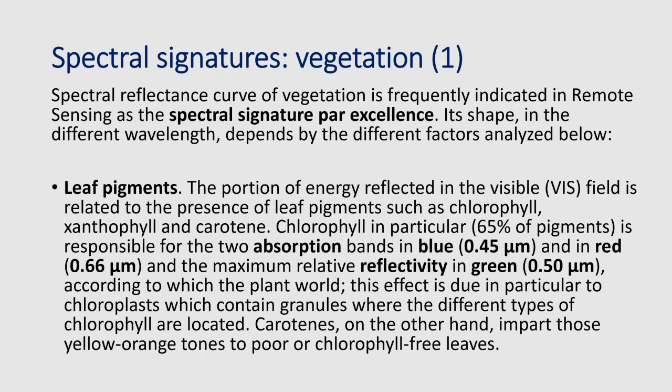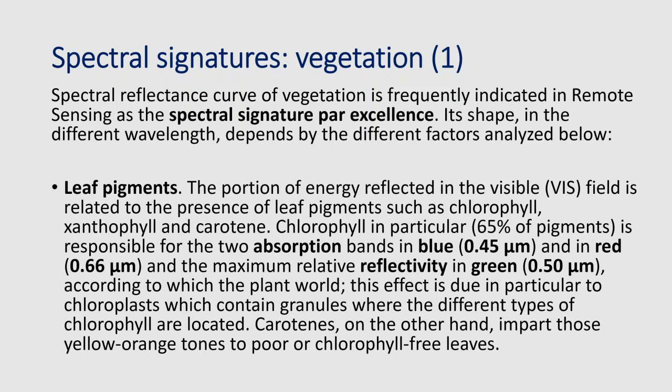Chlorophyll, in particular, which represents more than 65% of the pigments of the leaves, is responsible for the two absorption bands: in blue, centered at 0.45 microns, and in red, at 0.66 microns, and for the maximum relative reflectivity in green, around 0.5 microns, according to which we see the plant world.